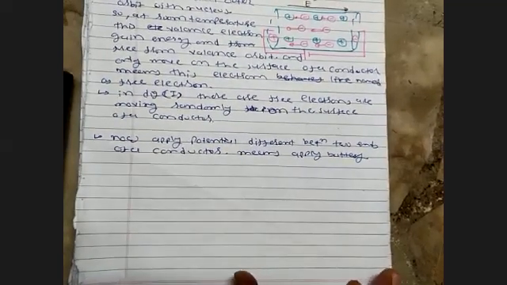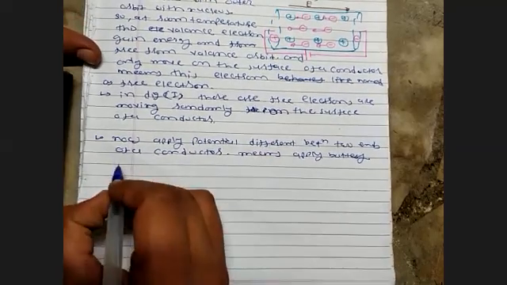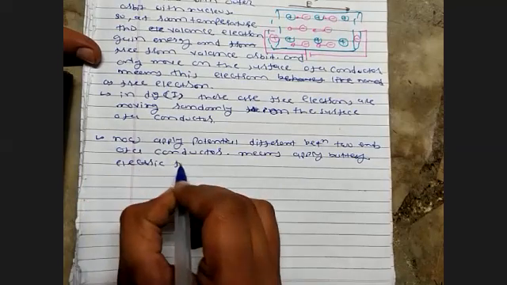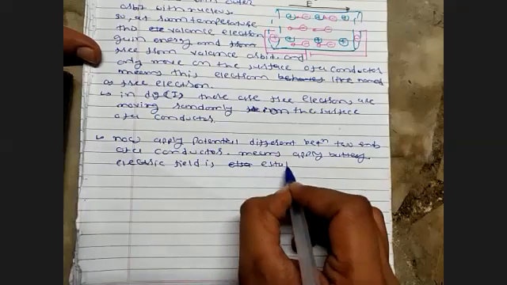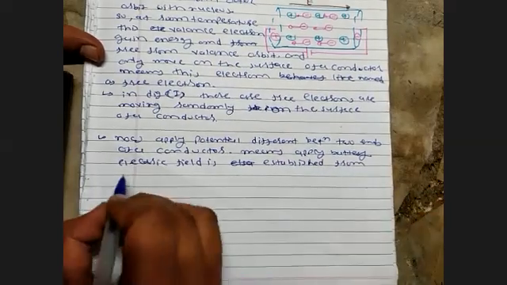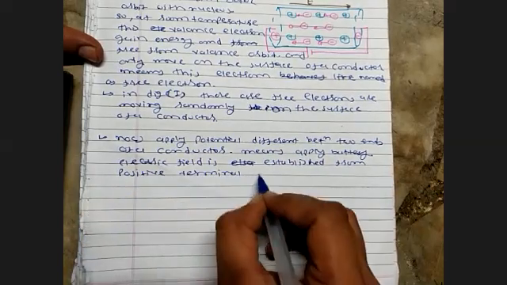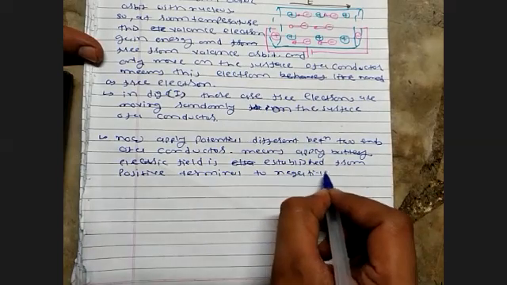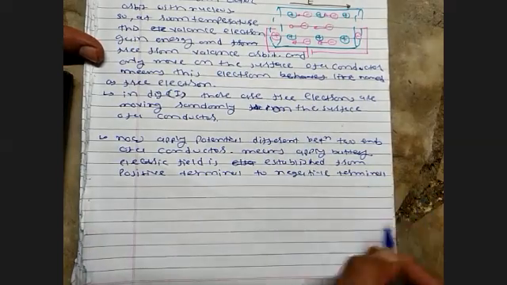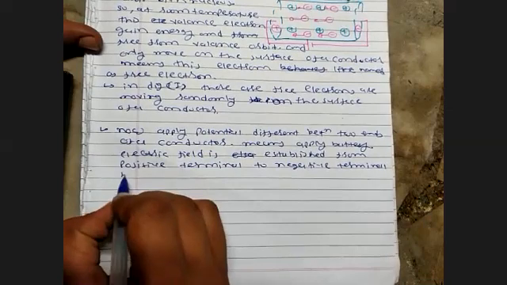As we apply the battery, meaning a potential difference between the two ends of the conductor, an electric field is established from the positive terminal to the negative terminal. In this way, the electron moves opposite to the electric field.